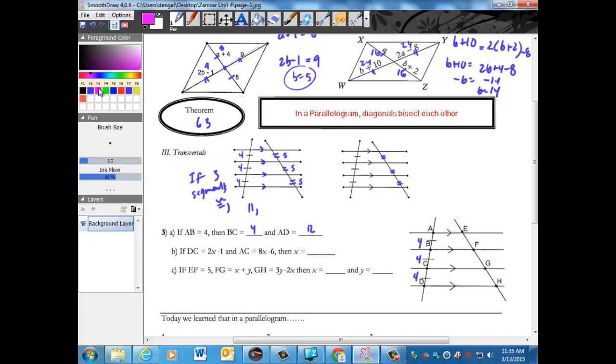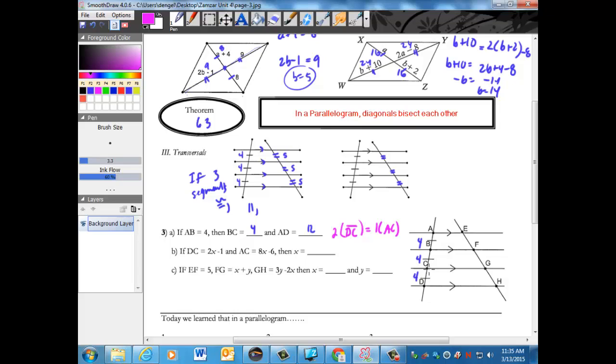All right, next for DC, we have DC and AC. Now, when we look at this, we see that we need 2 of DC to equal 1 of AC, right?